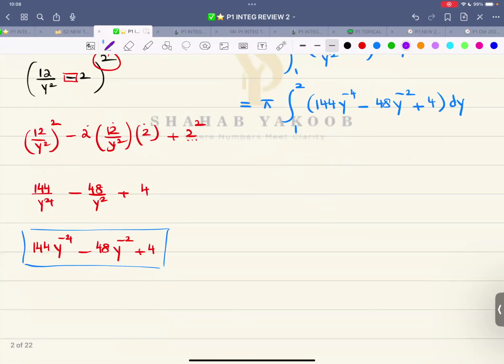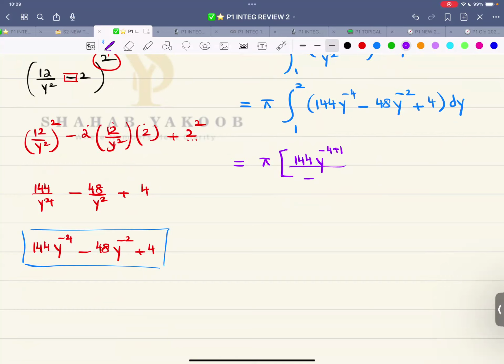Now, the next step is actually integrating it. So pi remains as it is. And this is the integration: 144 y raised to the power of negative 4 plus 1 over negative 4 plus 1, minus 48 y raised to the power of negative 2 plus 1 over negative 2 plus 1, and 4 after integration becomes 4y.